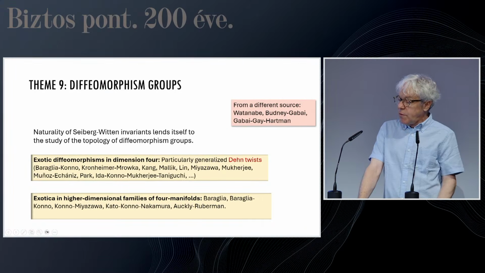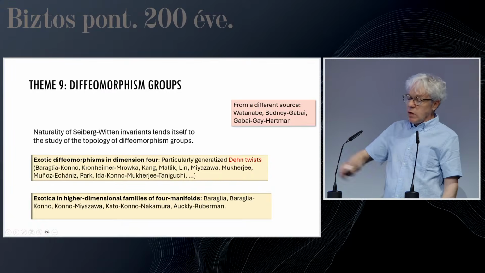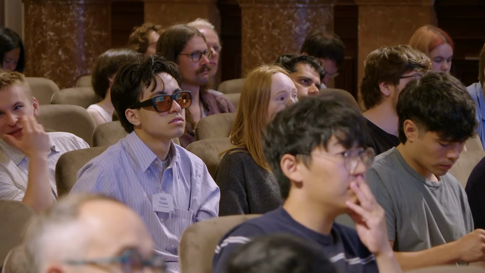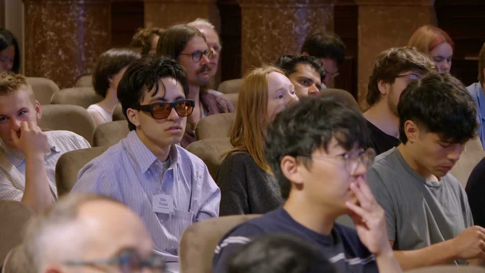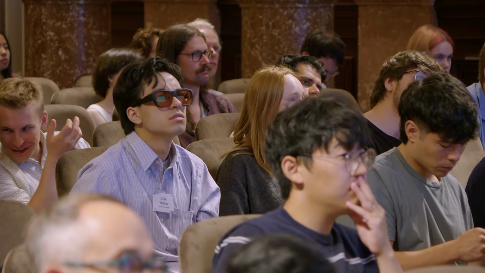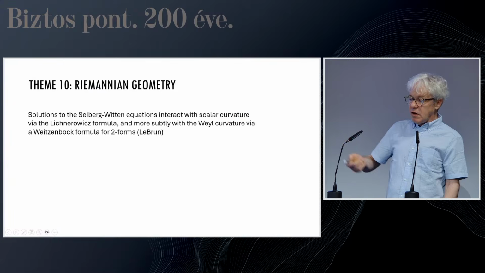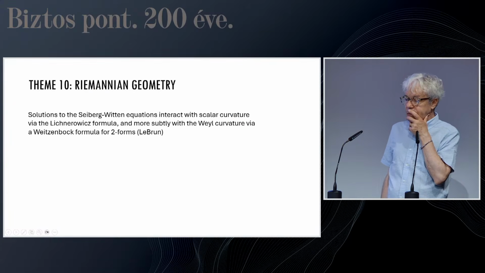And as has been mentioned before, there's quite disjoint work on diffeomorphism groups now, which is from Watanabe, Gabai, Gay, Hartman, and others, where the fundamental ingredient is configuration spaces of points, and in Watanabe's case, characteristic classes. Interesting to know whether there's any connection there at all.